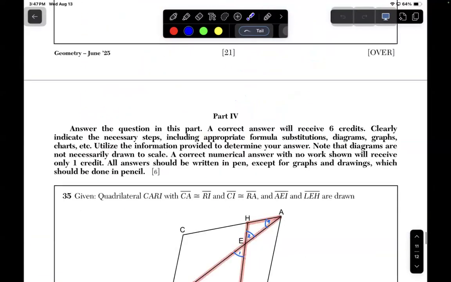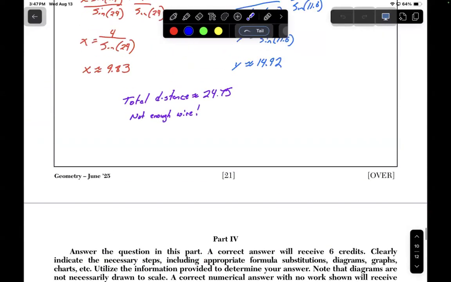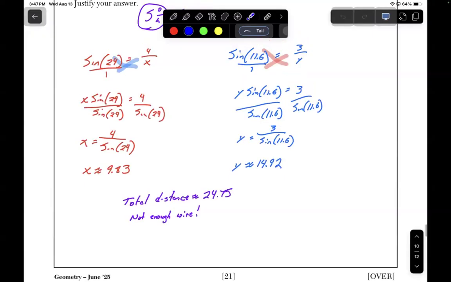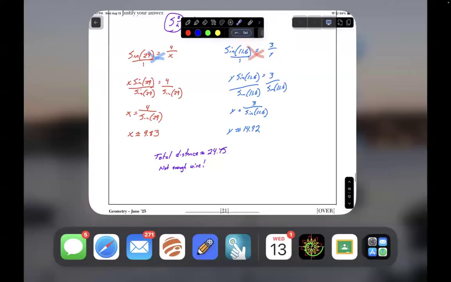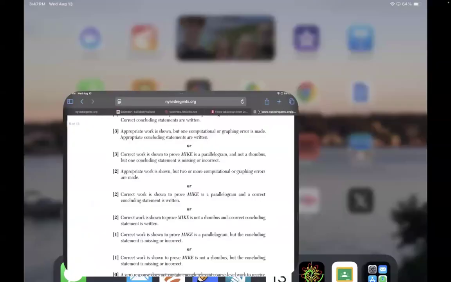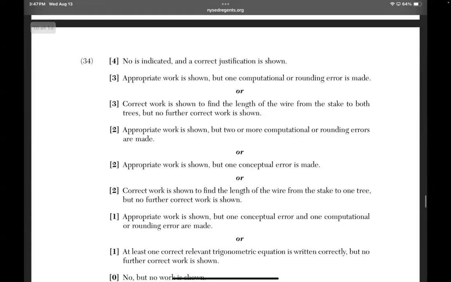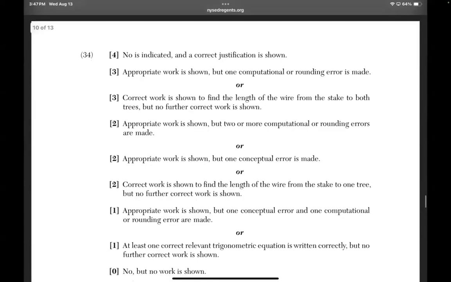All right, we have like 10 minutes left, which leaves us with this amazing proof. Do we have any questions about the trig question before we move on? I think we did okay on the trig question. I'm actually curious to see what they do for the partial credit there. No is indicated incorrect. Appropriate work is shown, but one computational error is made.